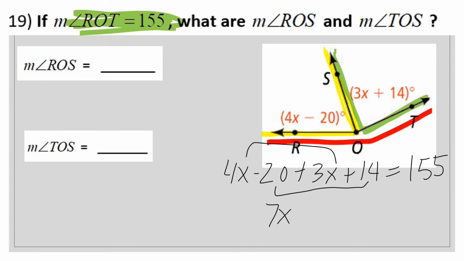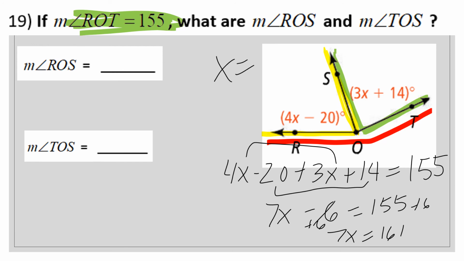Negative 20 and 14 is negative 6 equals 155. You would then add 6 to both sides, and you get 7x equals 161. In order to get x by itself, you need to divide. So you get x equals 23.